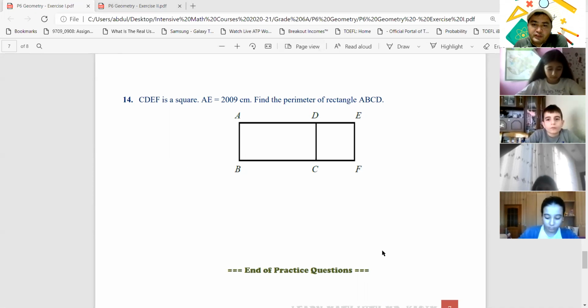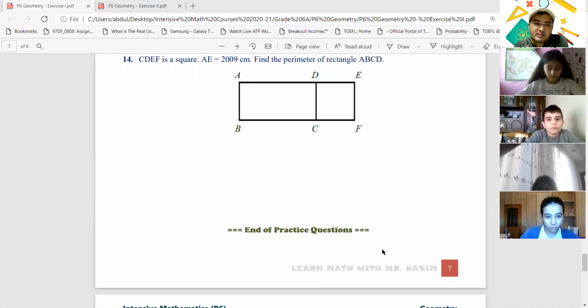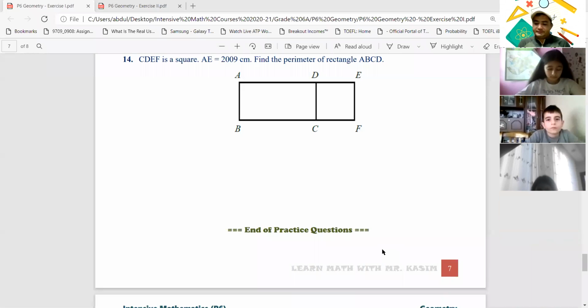So this question 14, try, and after that, let's discuss, and then we will move to the next exercise. Now you have 2 minutes.